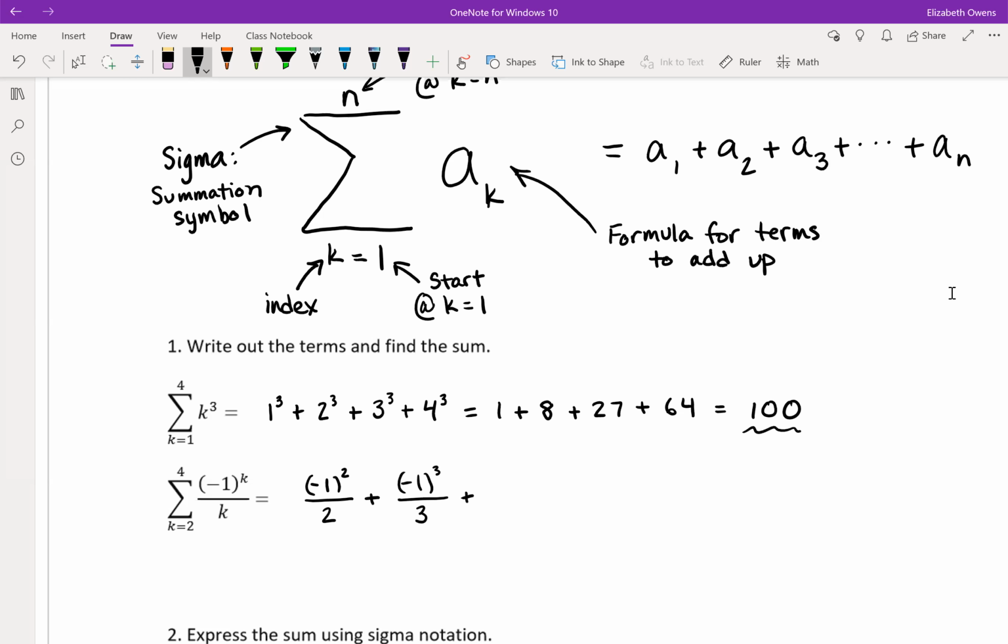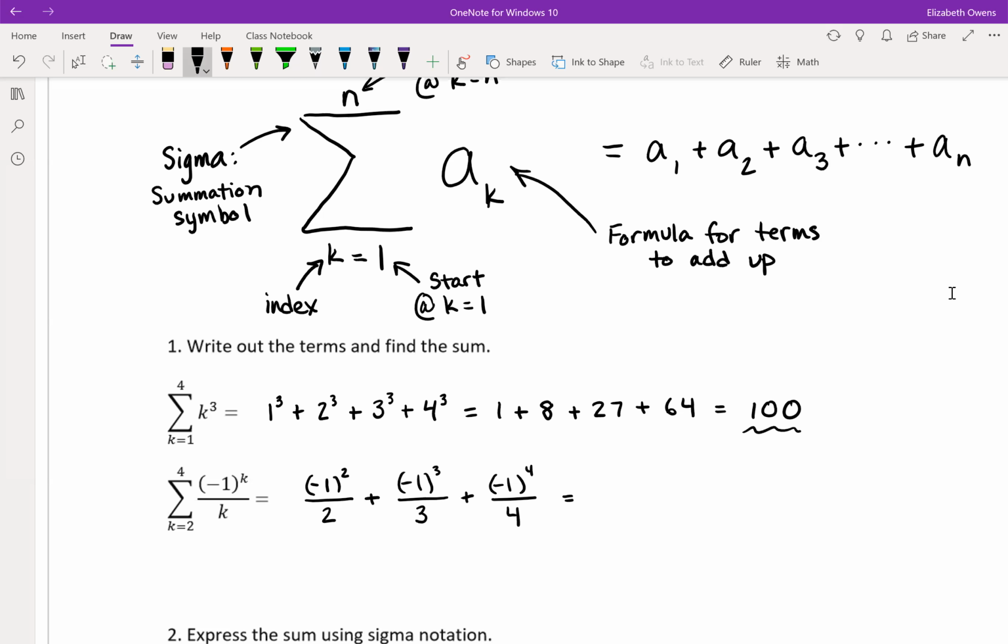And bump it up again, add your next term, -1 to the 4th over 4. And then we notice that, hey, that's our stopping index. So we get to stop there at k equals 4. And so we've just got 3 terms in this summation.